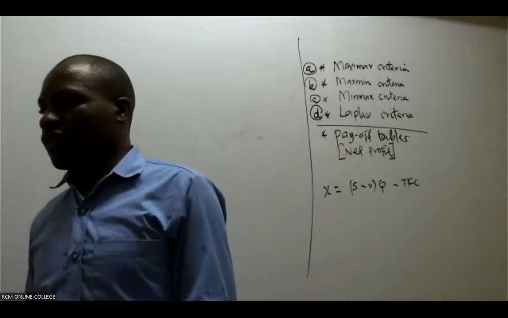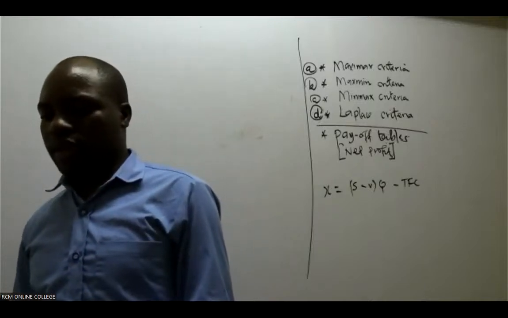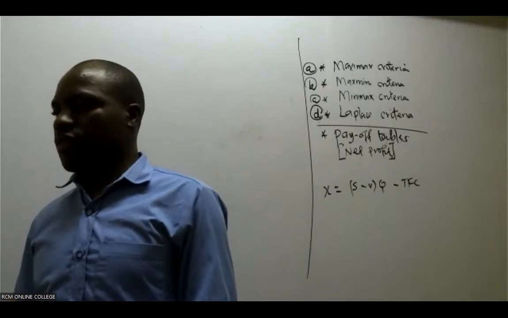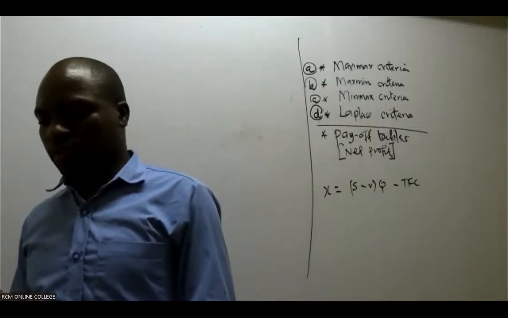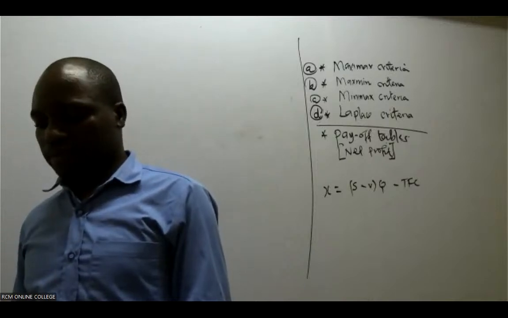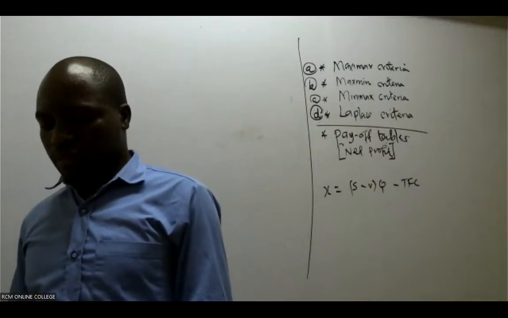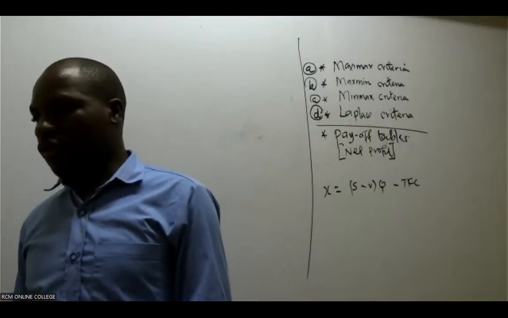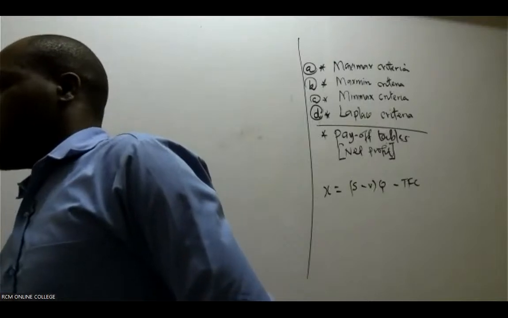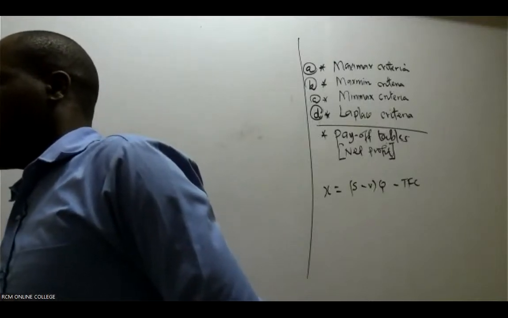They are contemplating whether to set the price at 4 shillings, 4.3, or even 4.4. So that's what they are trying to look at.